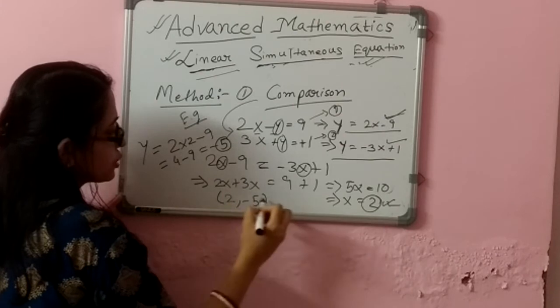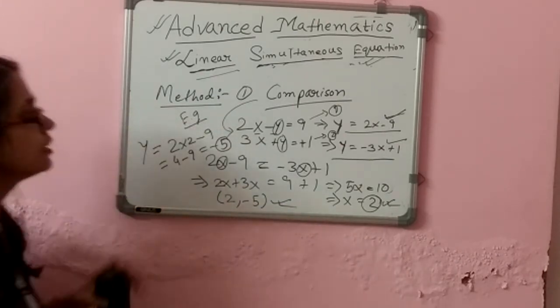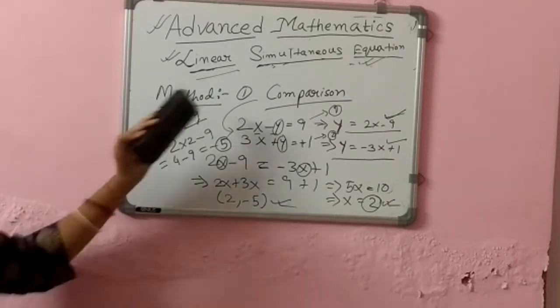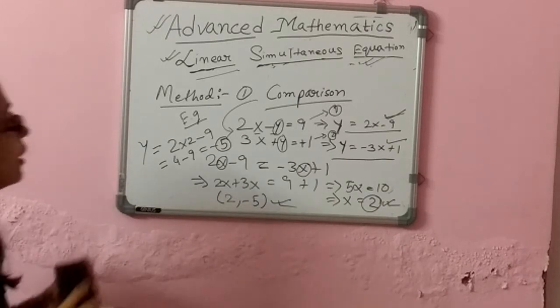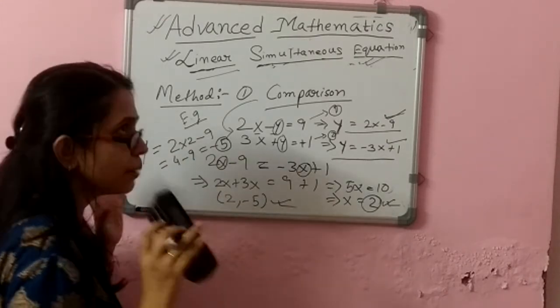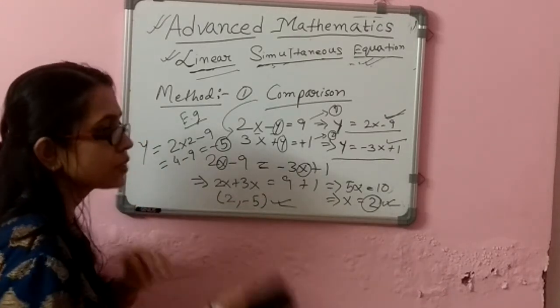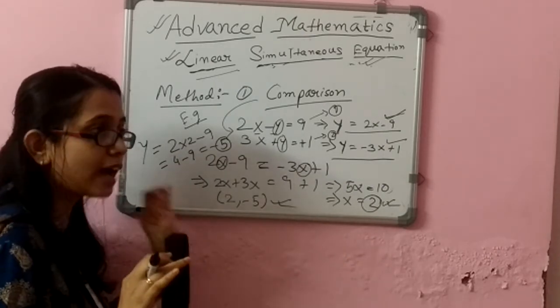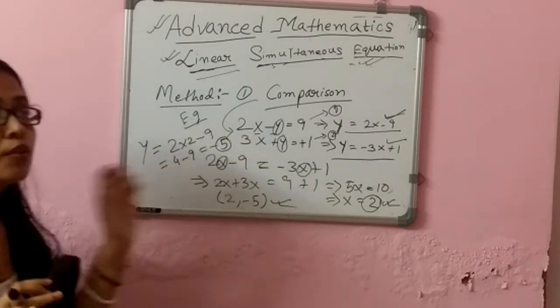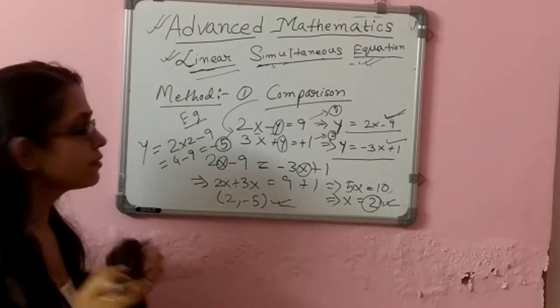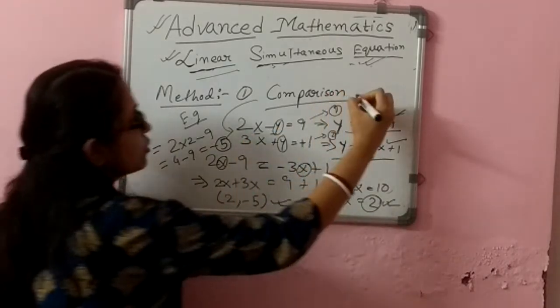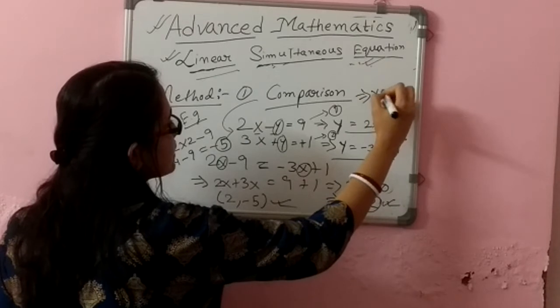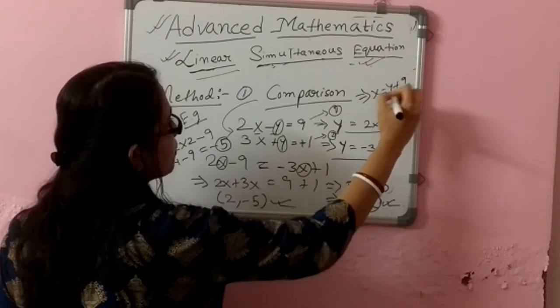This is the solution of this example after applying the comparison method. I hope that everyone understood it. So comparison means to compare the two equations. How to compare? First we have to take out the value of any one of the variables. We could also have written x equal to (y plus 9) divided by 2.